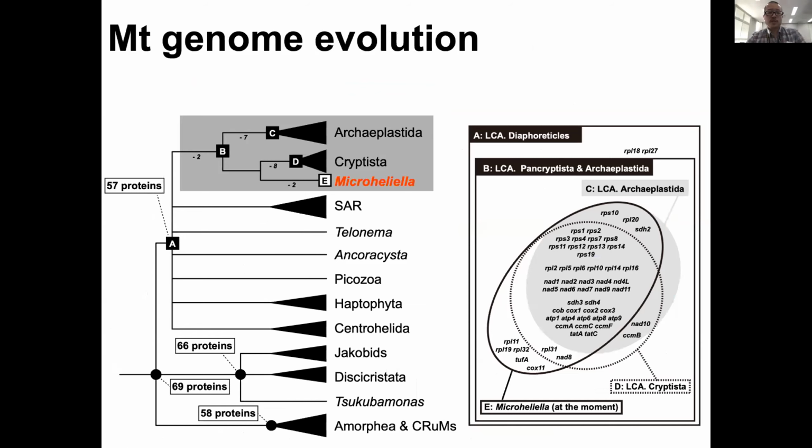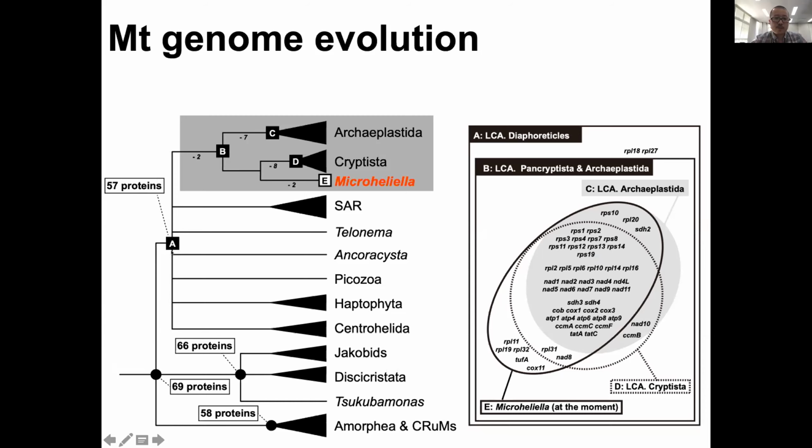But this image is summarizing the evolution of the mitochondrial genome. The mitochondrial genome of the last common ancestor of eukaryotes probably had 69 proteins, and the last common ancestor of Diaphoretickes had 57 proteins on its mitochondrial genome.